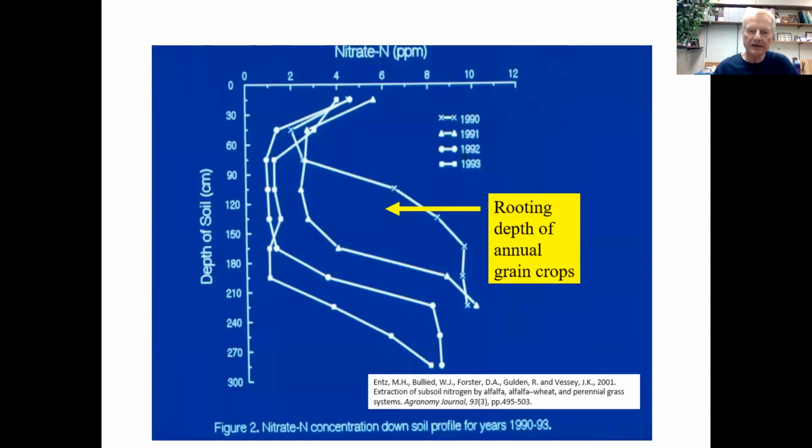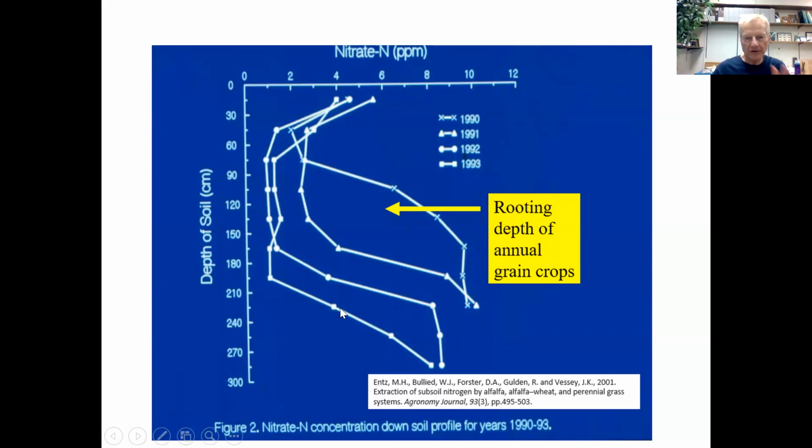Now, one of the other nice things about perennials is they have deep roots. And this is some work we did a long time ago in Manitoba. We had a field that had been subject to a lot of summer fallow. It was a high organic matter soil, and a lot of the nitrogen had leached deep into the soil.